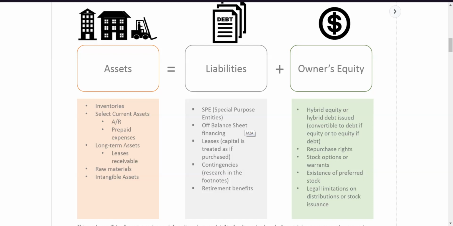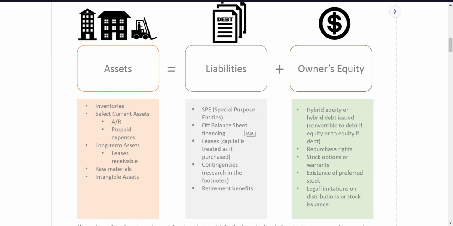Leases, as you may know from your general accounting or principles class, you can either have a capital or an operating lease. In a capital lease, you're going to be capitalizing the actual present value of all the payments if you are the person who is leasing it, and then you'll depreciate that over time, and eventually that will come off the books, as opposed to an operating lease where you just expense it.